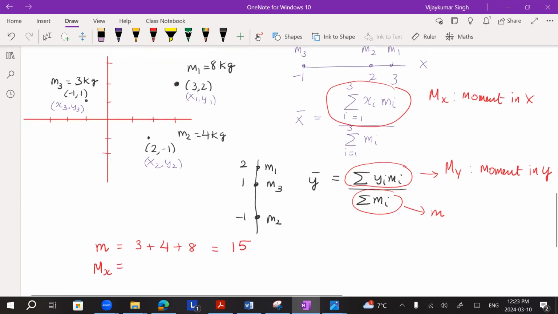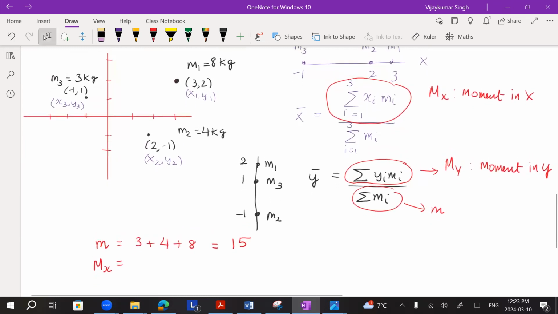So we have mx is m1 x1 plus m2 x2 plus m3 x3.